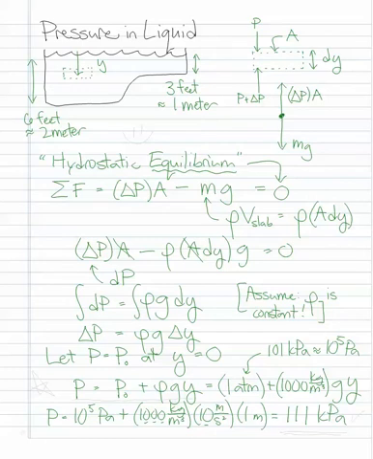What about the deeper depth? Well, we just add another 10 kilopascals, and so it would be 121 kilopascals. And that's the end. What you want to remember, though, is this more general expression, not necessarily the pressure at the bottom of the rec center pool.